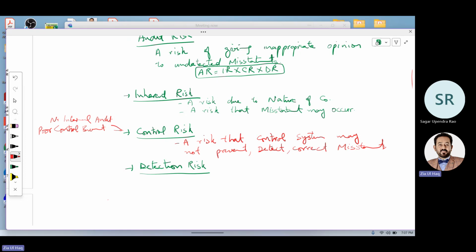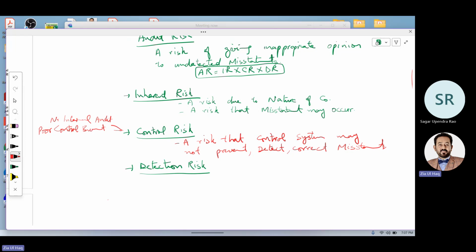If they are not following the policies, other people working below them will also not follow the policy because they are considering them as role model. And if your role model is doing something wrong, definitely you will follow them. So due to this, misstatements may not be prevented, detected, corrected by the system: control risk.